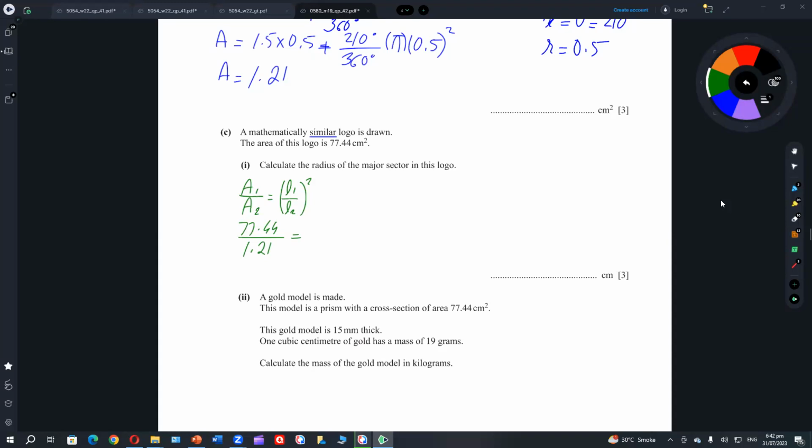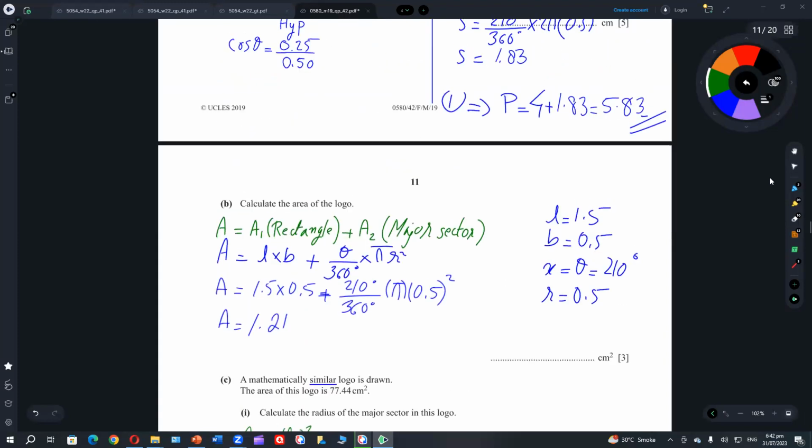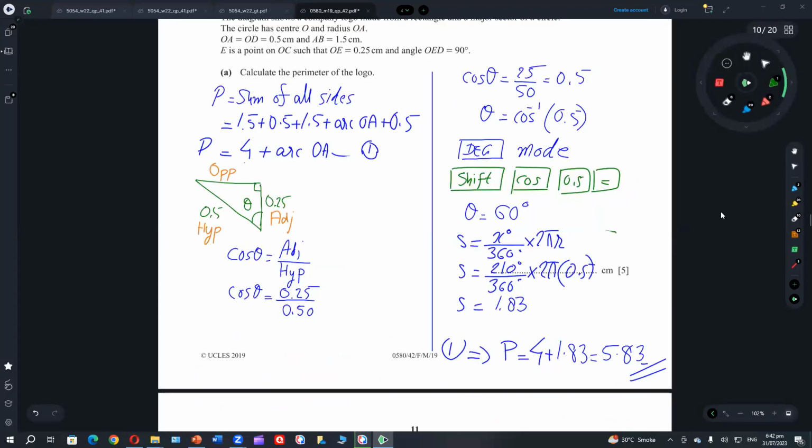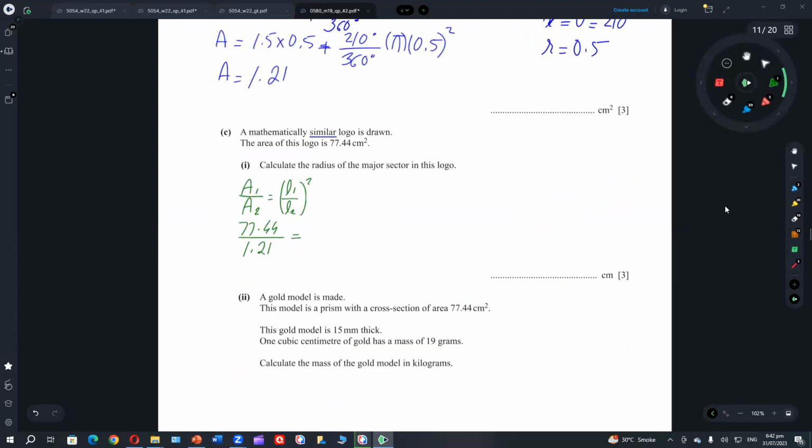Now, he's talking about the radius of the major sector. What was the radius of our major sector? 0.5. So the radius of the major sector was 0.5. I'm using that 0.5.